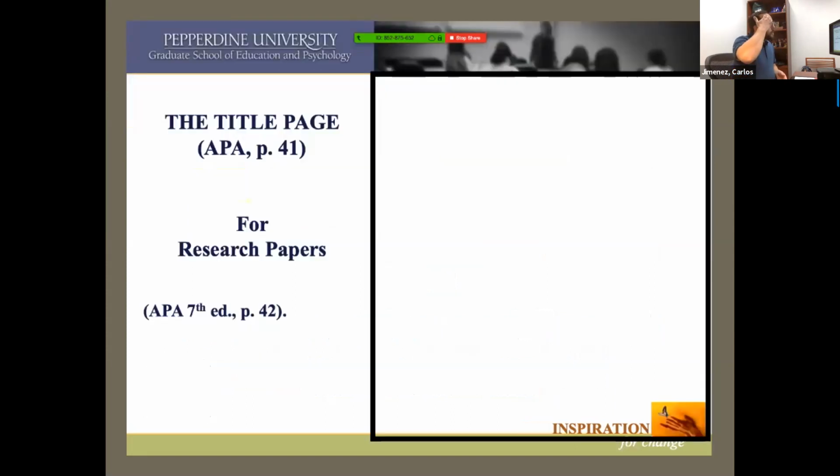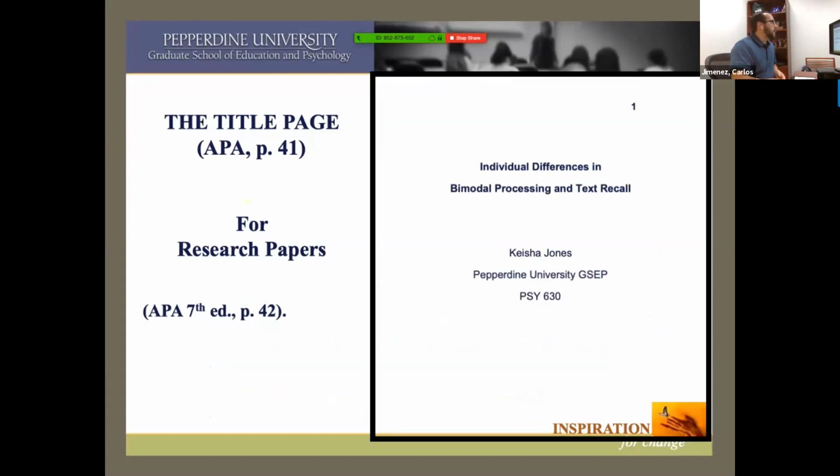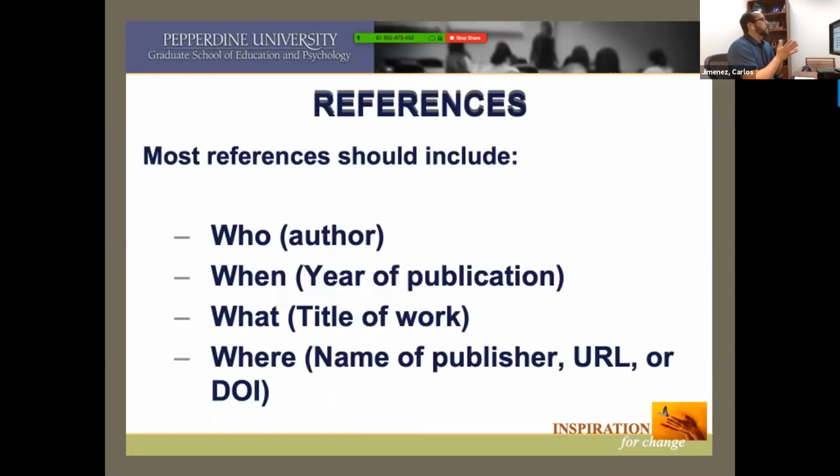So like I said, these elements of the title page, just to kind of review, there's some kind of sound effects here, but now we're going to have the page number there in the upper right corner. The title is bold and in title case, and then the author, university, maybe class, instructor name, and title. So when you think about references, you want to include these elements, and this is what I mean by source elements.